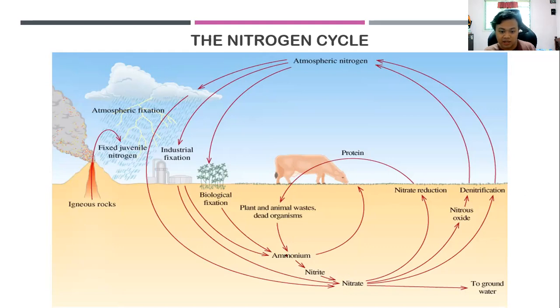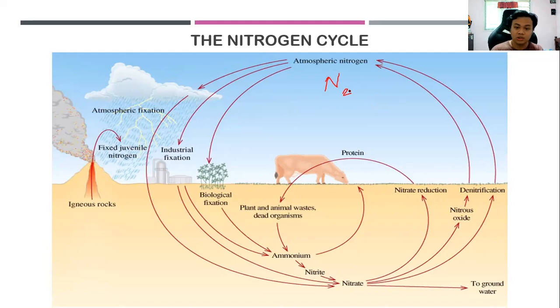Then nitrogen will be transformed to nitrous oxide, and then denitrification follows. The form of nitrogen as it exists in the atmosphere is diatomic, right?